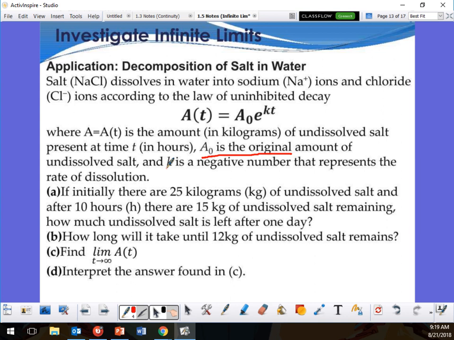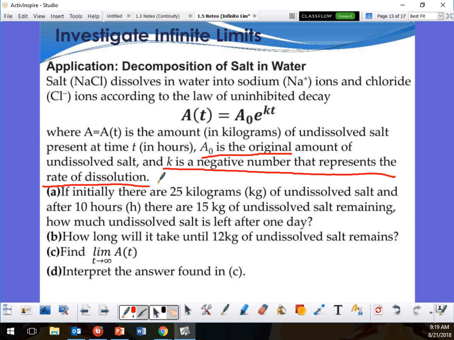Since this is a decomposition, K is a negative number that represents the rate of dissolution. Why is it a negative number?